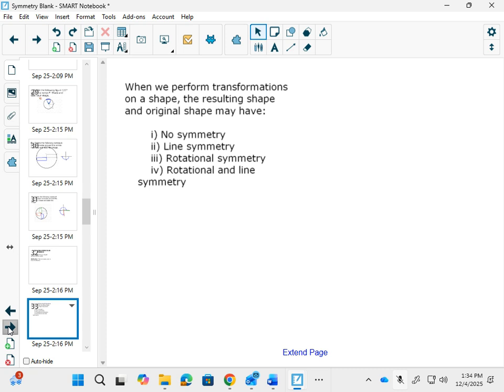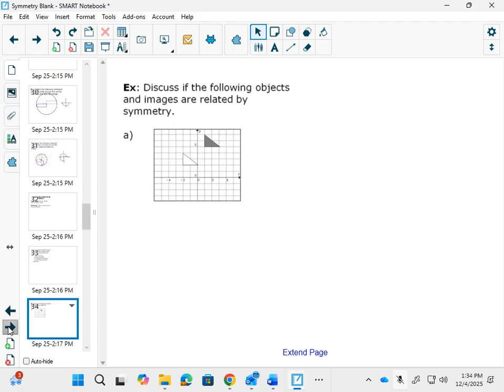Sometimes when we take an object and move it around, moving it around may result in getting an object that has no symmetry, may result in an object that has line symmetry, rotation symmetry, and sometimes both. So what we're going to look at today is if I took this shape and it was slid around, and we're not going to worry about the shading.